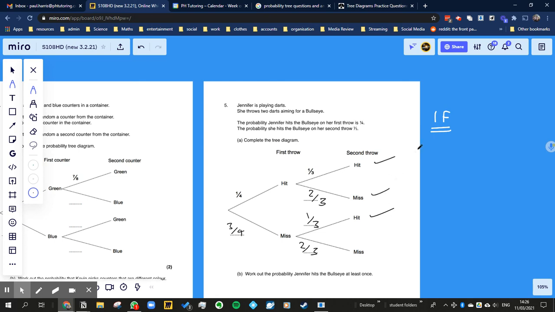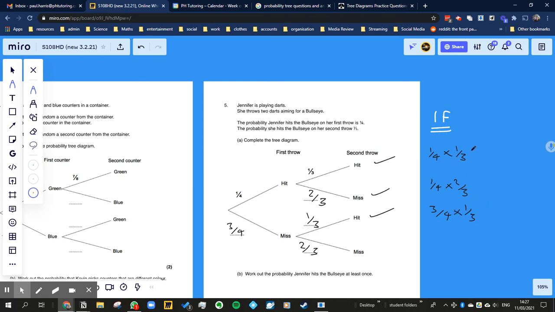So it's going to be 1/4 for the first combination. This combination is 1/4 times 1/3. This combination is 1/4 times 2/3. This combination is 3/4 times 1/3.